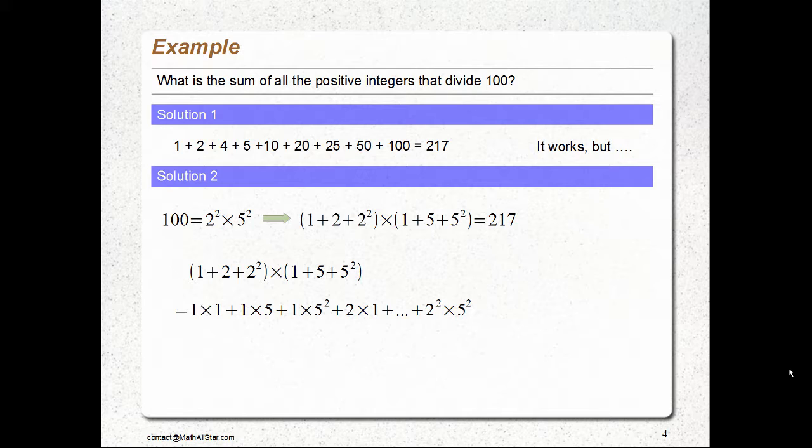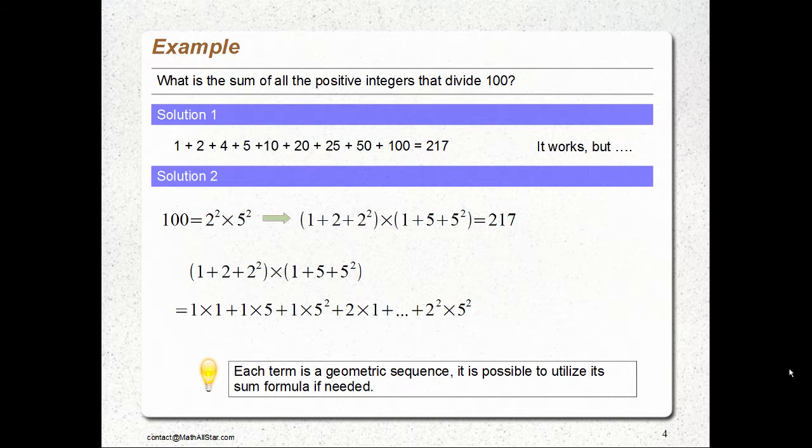Polynomial is a very powerful tool. We will see it again later in the generating function lesson. The generating function is probably one of the most powerful tools in counting. Before we take the next quiz, let me give you a hint. If you have learned geometric sequences, you may have noticed that each bracket contains a geometric sequence.